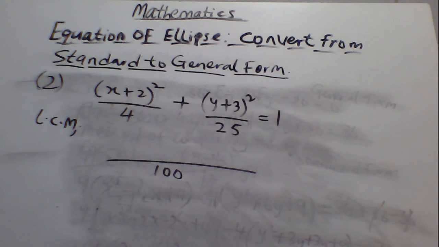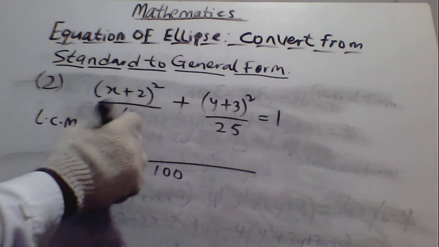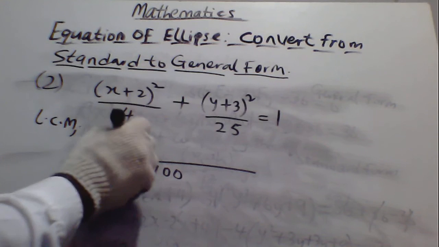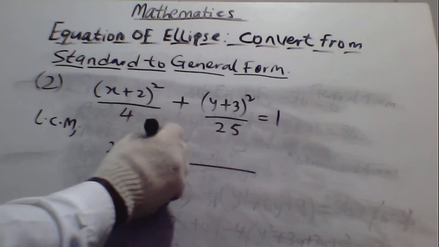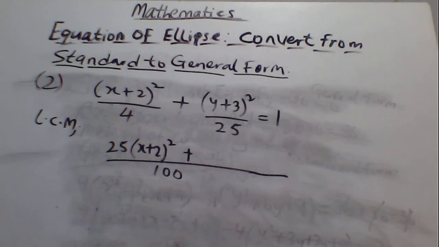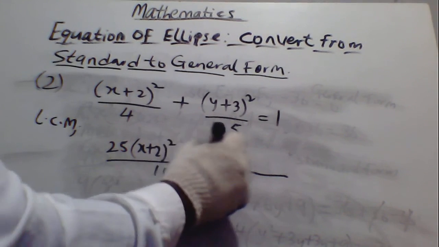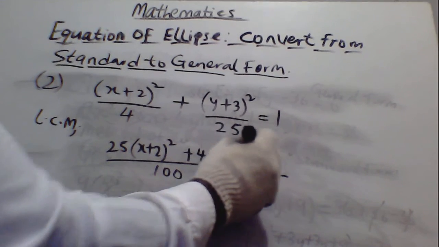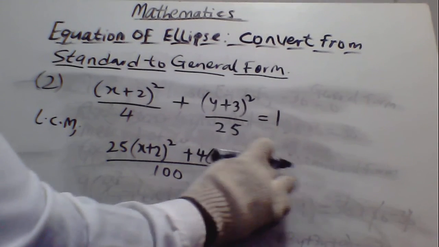So 100 divided by 4 is 25, times x plus 2 squared. Then 100 divided by 25 will give us 4 times the numerator. So this is the first thing.